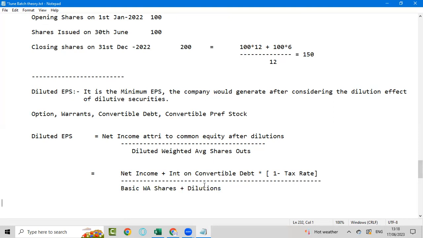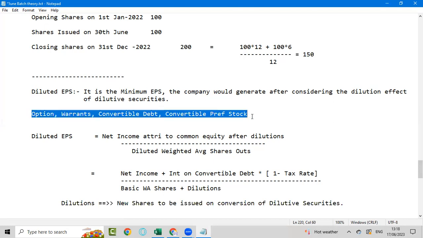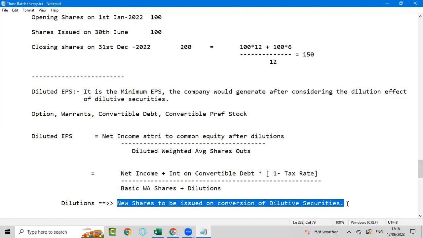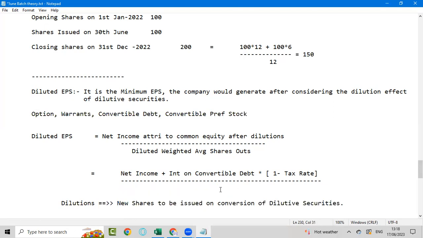Dilutions are new shares to be issued on conversion of dilutive securities. If these securities are converted to equity, then how many shares will be added? That is called dilutions. Clear?